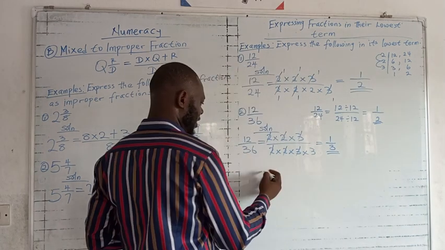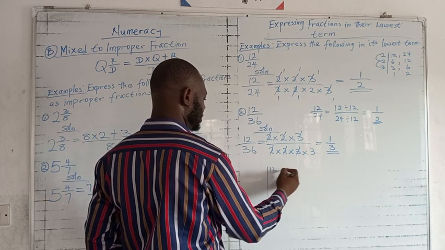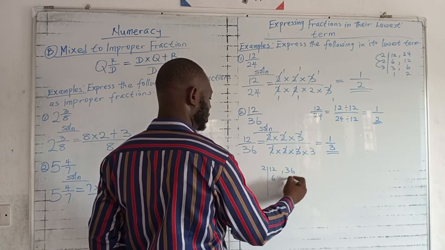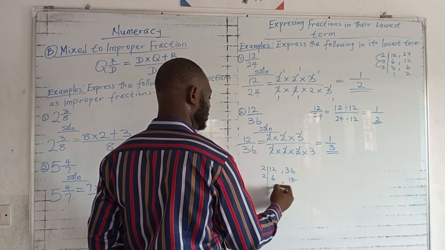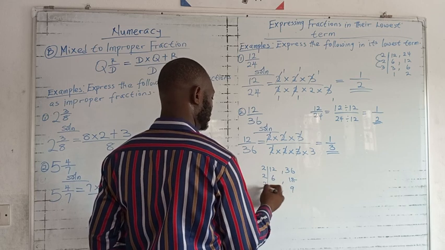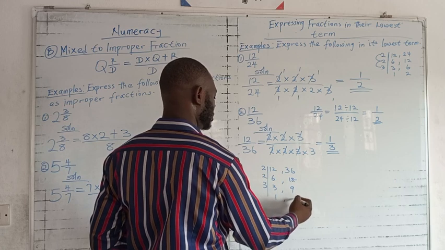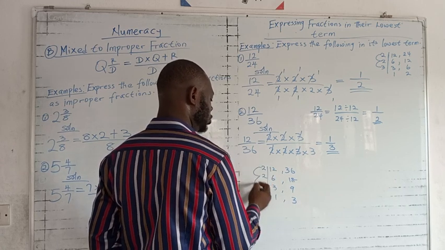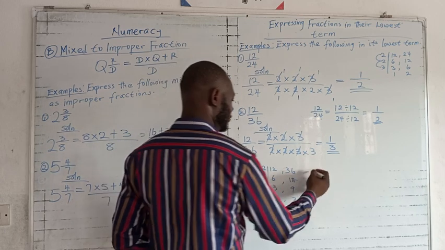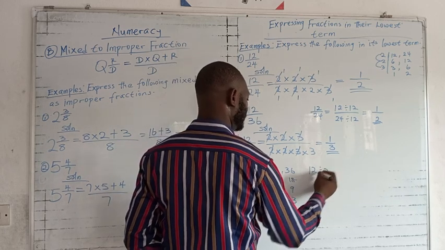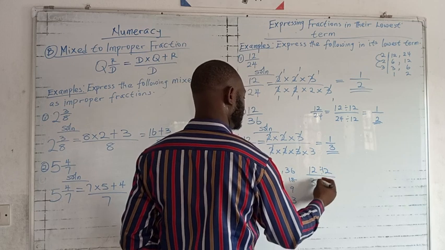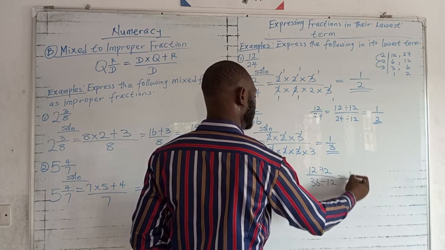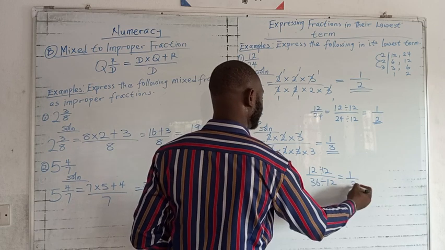The same thing, we can find the HCF of 12 and 36. 2 here, 6, 18. 2 here, 3, 9. 3 here, 1, 3. It's gone, right? So the HCF here is also what? 12. Then, if we now do 12 divided by 12 over 36 divided by 12: 12 divided by 12, 1. 36 divided by 12, 3.